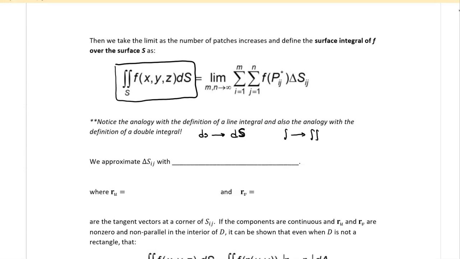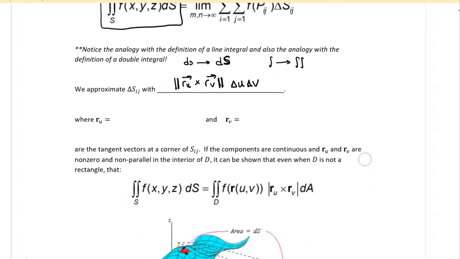So what are we going to approximate our delta S sub ij with, for similar reasons as we talked about in our previous section? That is going to be the magnitude of r sub u cross r sub v, times delta u delta v, and our limits would of course take that to get to our integral, which we're going to see below.